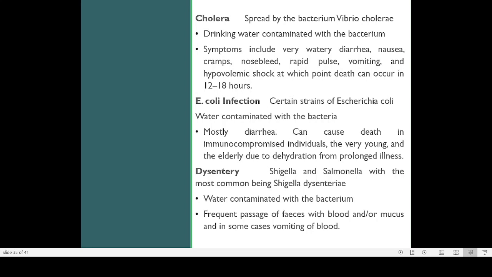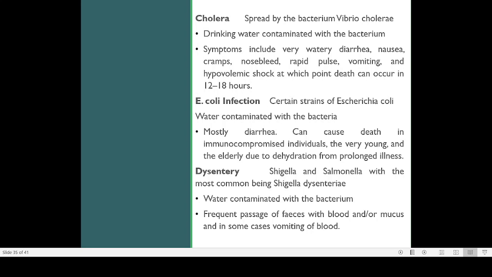Then we have dysentery. There are two types of dysentery. One type is caused by Shigella, and another type is caused by Salmonella. And according to the type of bacteria, you can call it Shigella dysentery or Salmonella dysentery.